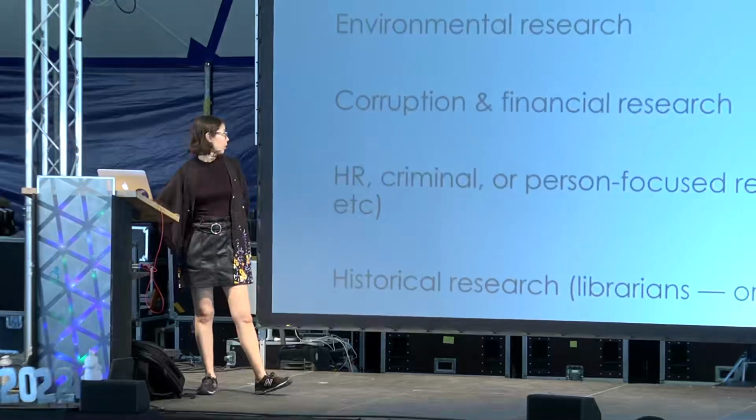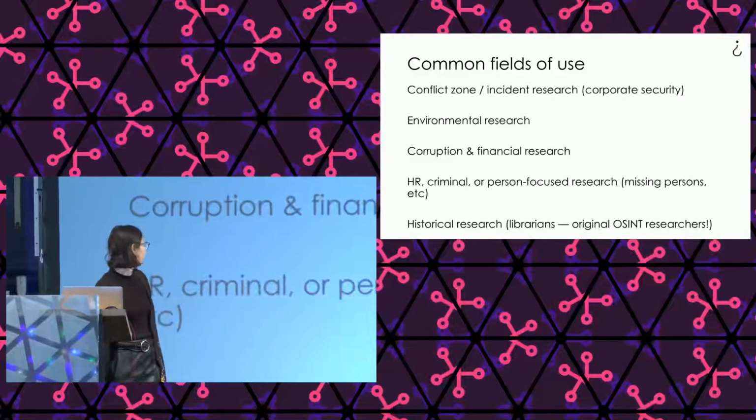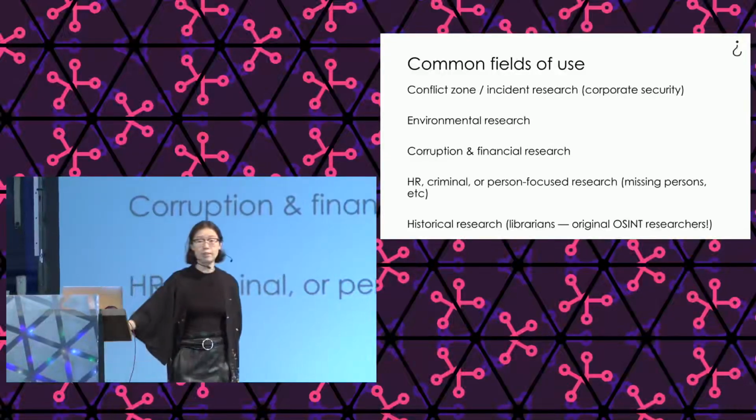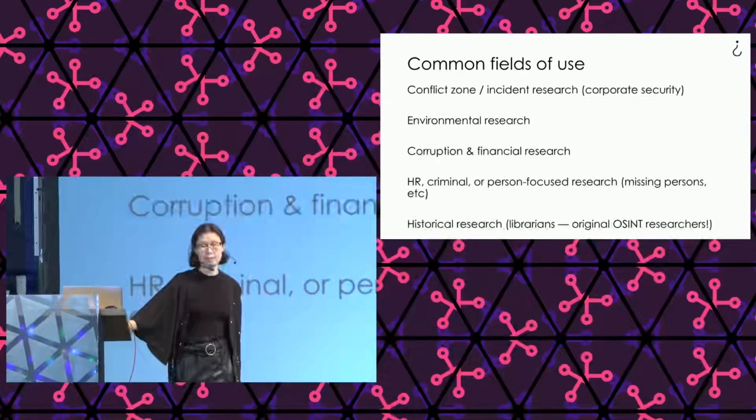Then there's corruption and financial research. I've done a few investigations of corruption in Central Asia. In my case, there was this very, very wealthy and influential corrupt family, but no one could prove that they were corrupt, right?